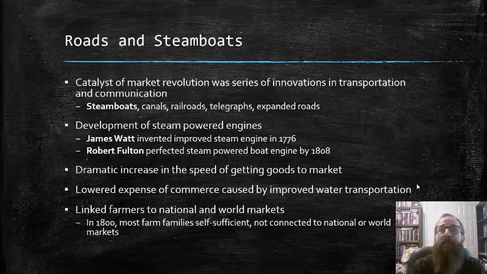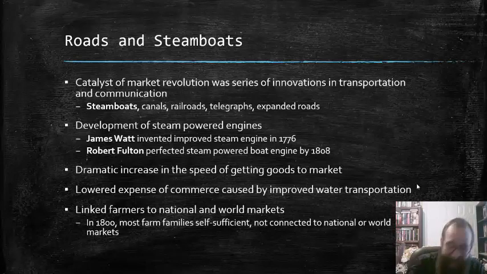James Watt in 1776 perfected an improved steam engine. And then Robert Fulton by 1808 perfected the steam-powered boat engine. And it was really that steamboat that radically transformed and initiated this market revolution.